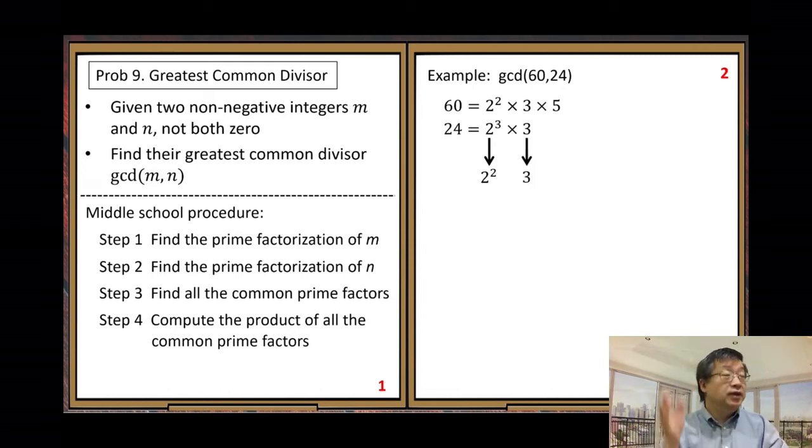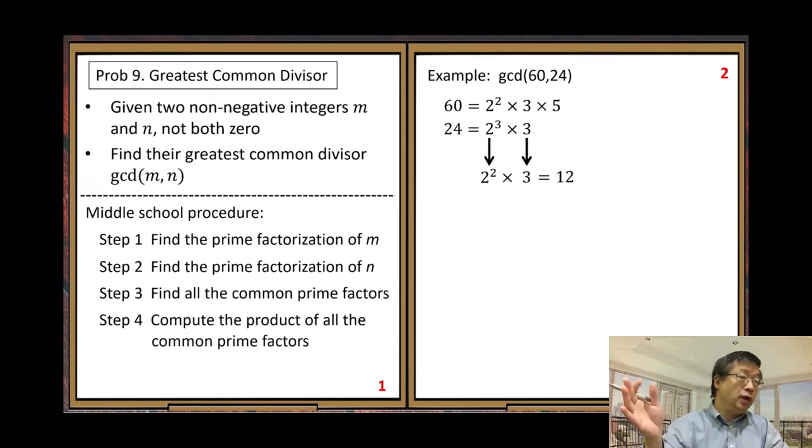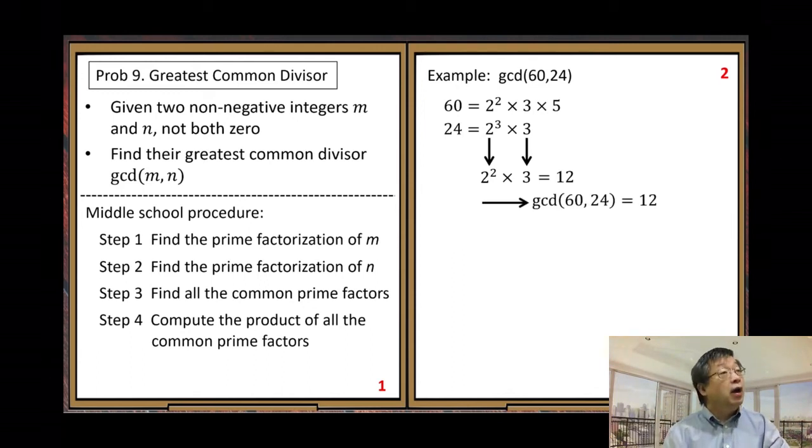For 3, just the 3. 5 is not a common prime factor, so we drop it. So the answer is 2 squared times 3 equals 12. So we get the answer: GCD of 60 and 24 equals 12.